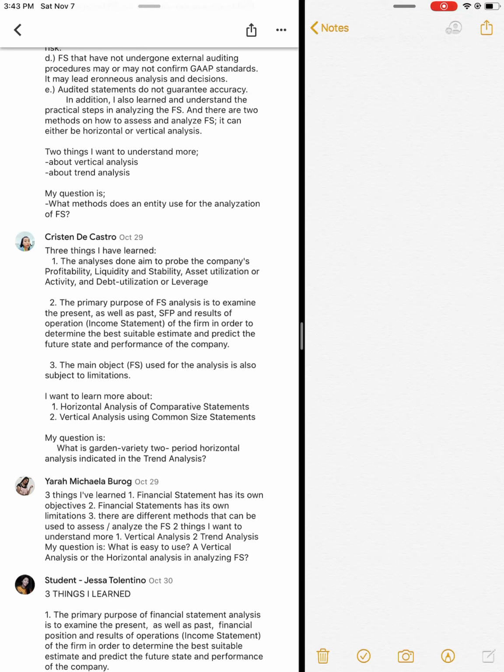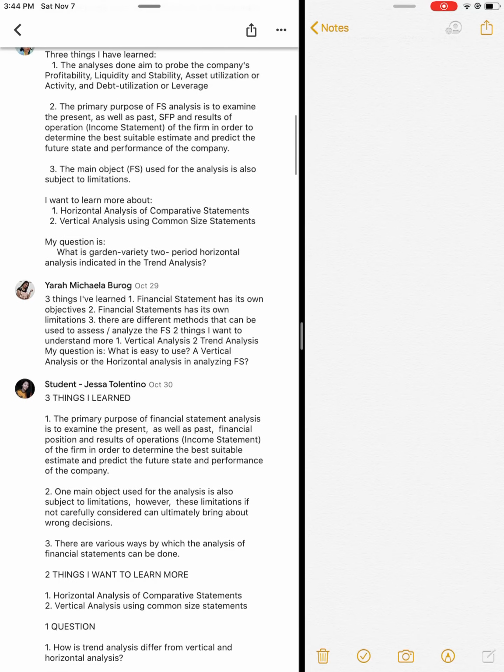That's why the question whether to use or not an analysis doesn't depend on whether it is easy to use or not. It will depend on what you want to know, because different analyses give you different results, and different results will give you different bases for making your decisions. Okay?